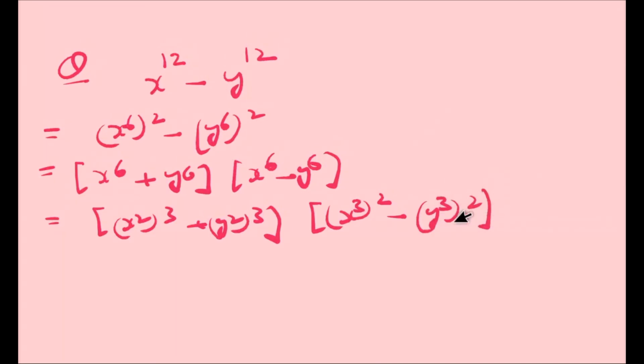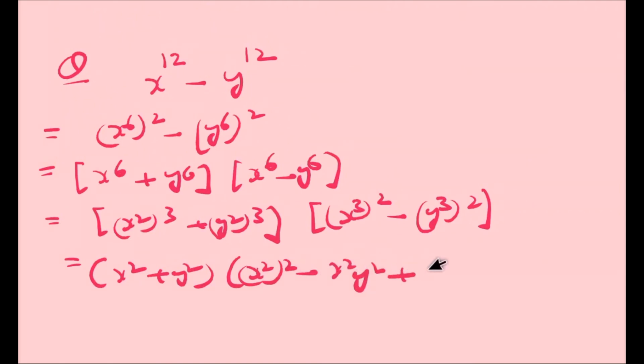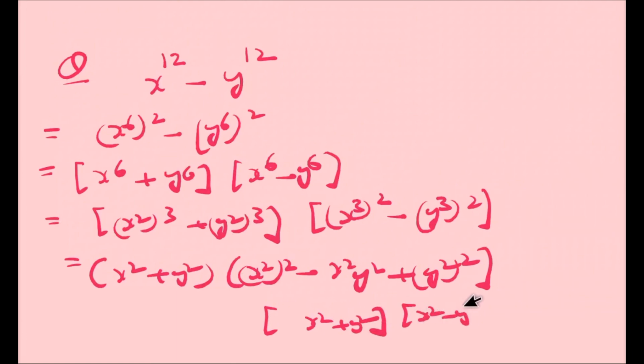Okay, now a cube plus b cube factorizes as a plus b, and the second is a square minus ab plus b square. Okay, now in here x square plus y square and x square minus y square. Now again we can use their formula, and we can use this.